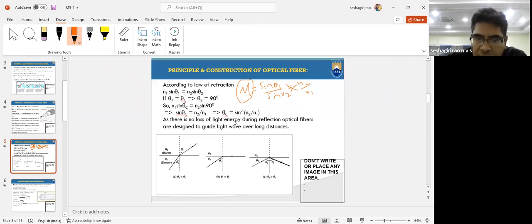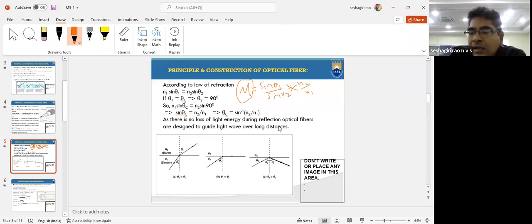As there is no loss of light energy during reflection, optical fibers are designed to guide light waves over long distances. The condition to understand here is why optical fibers are designed to guide light for a long distance.